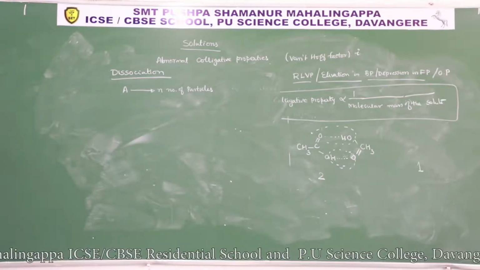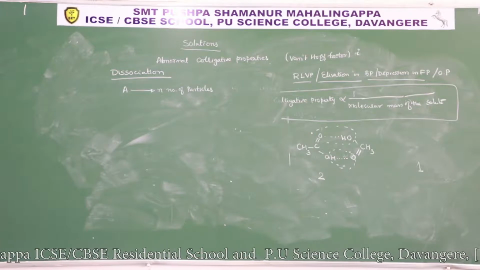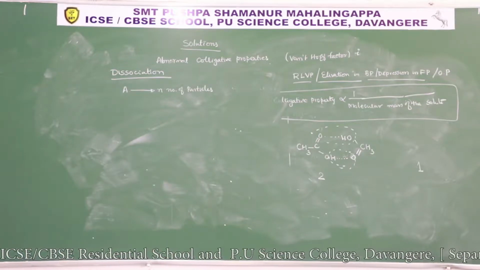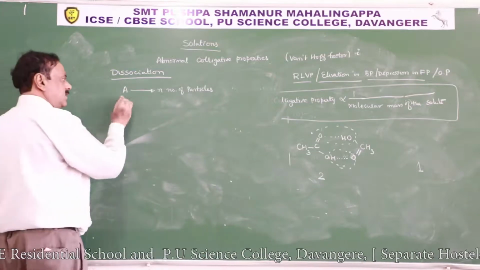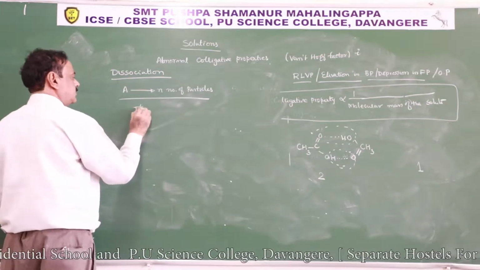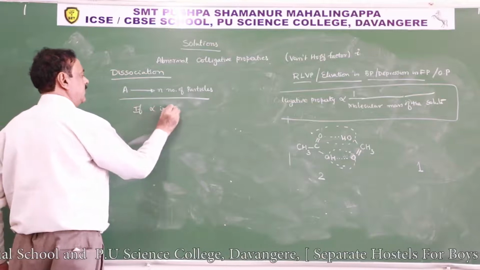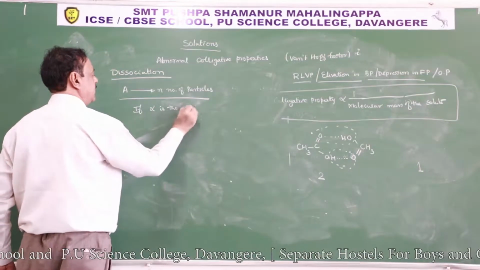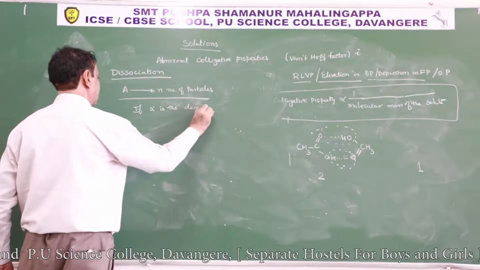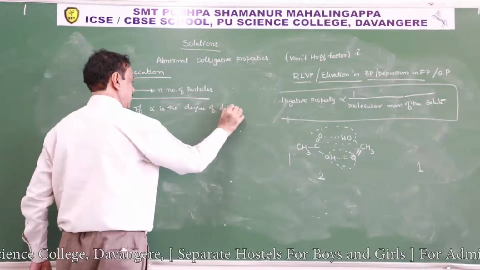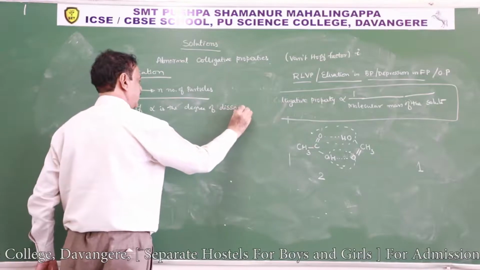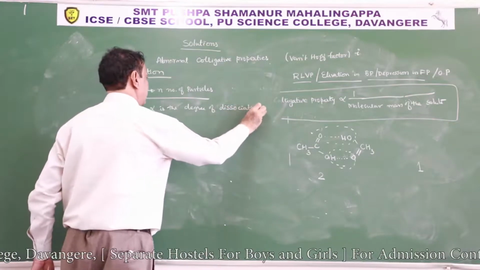If alpha is the degree of dissociation, what do you mean by the degree of dissociation?